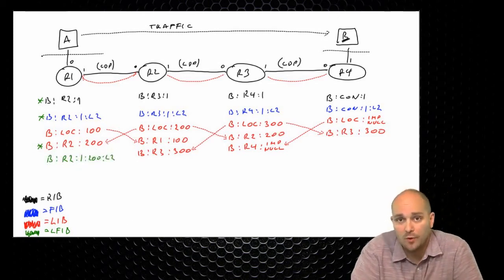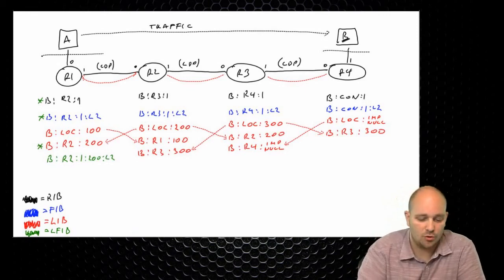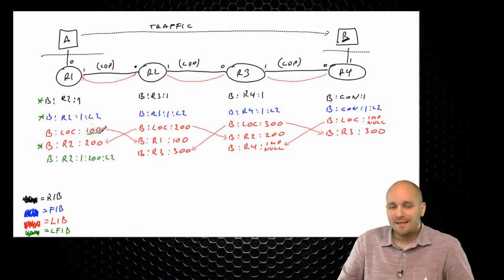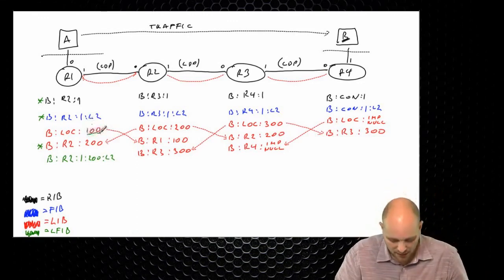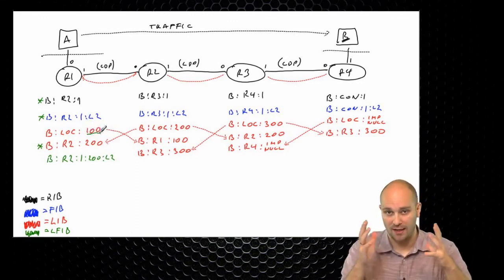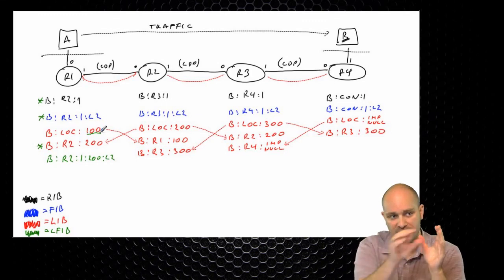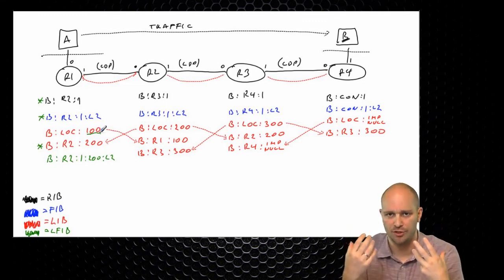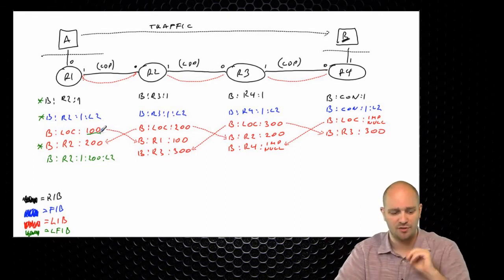Now, there is going to be one more entry that's built, based on this label. Technically speaking, in IOS, when you look at the LFIB, you see this all on one line, but I think it might be easier to understand if I show you these two entries separately.